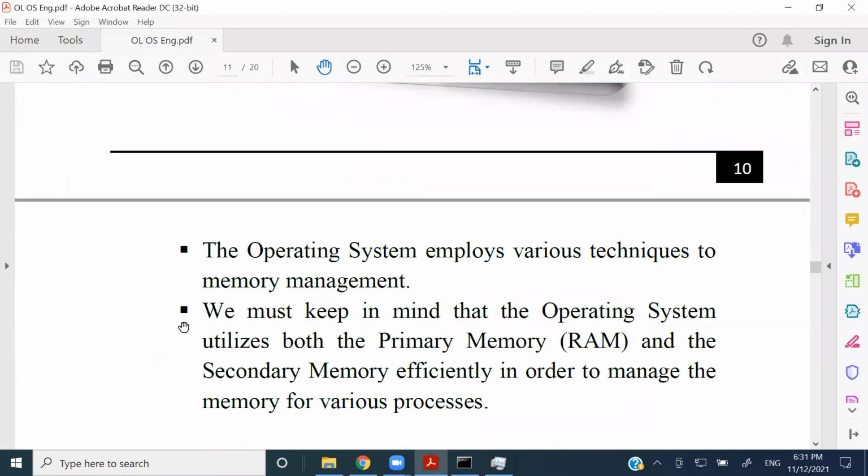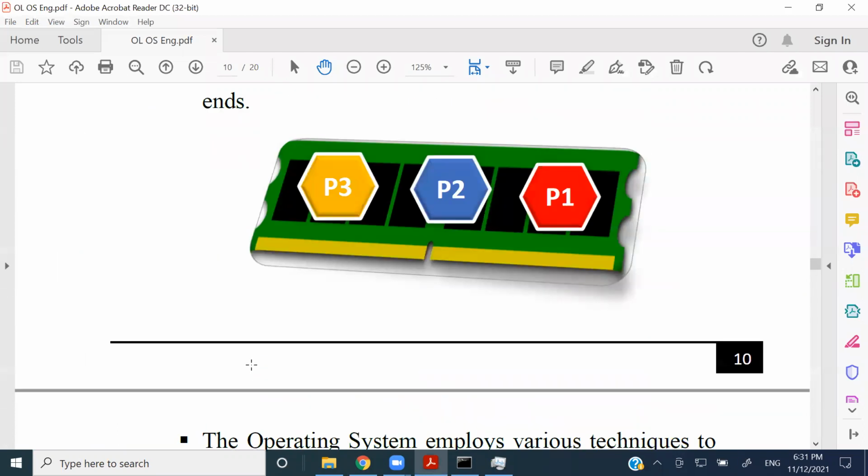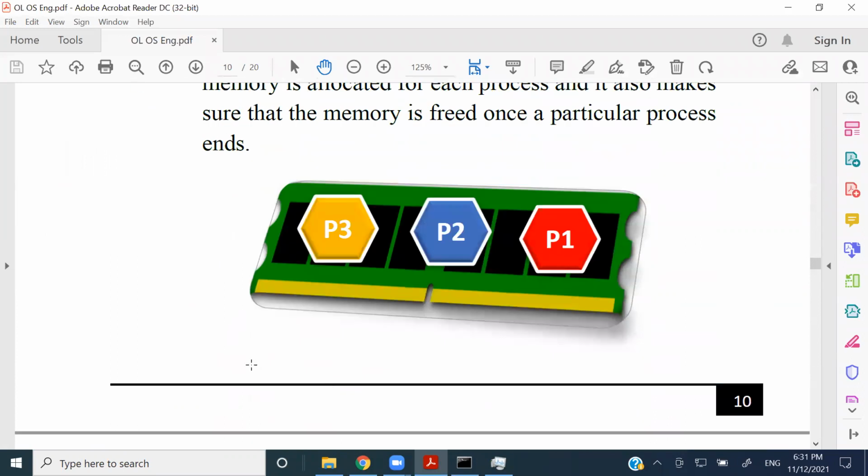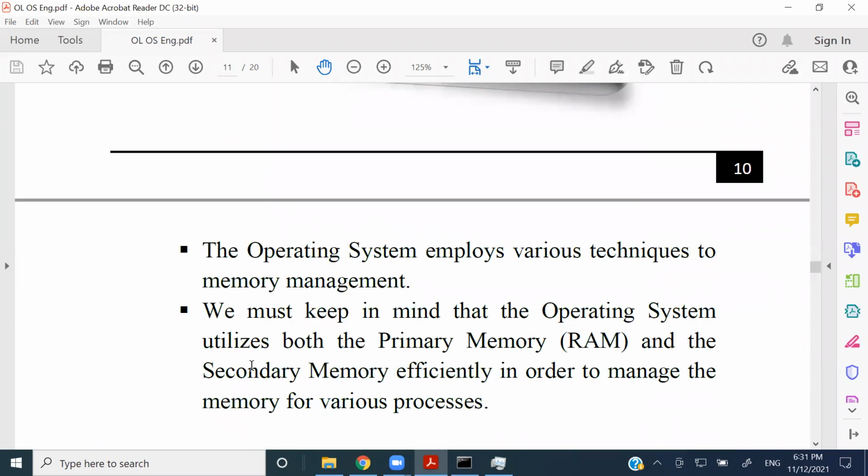One good thing, that's a reminder again. Remember, when it comes to memory management, it is not only the random access memory, right? It's the random access memory or the primary memory, as well as the secondary memory. The storage is also maintained by the operating system. Later we talk about what happens when this storage is not stored in a proper way. We face a problem called fragmentation.